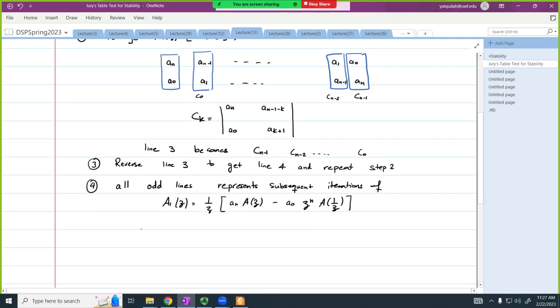And we're going to test for the stability. That is, A(z) is Schur if and only if the first entry of every odd line is larger in absolute value than the last entry of every odd line.